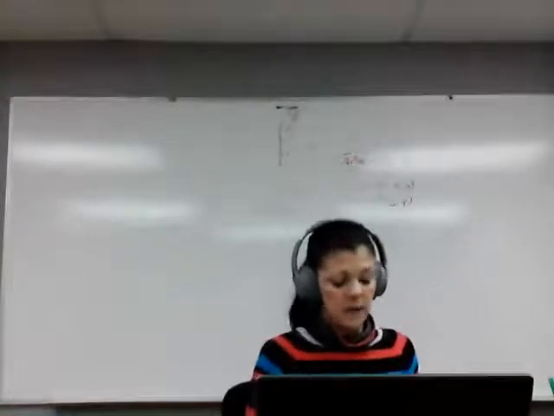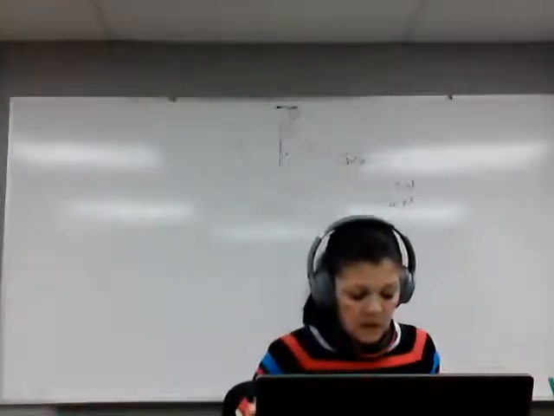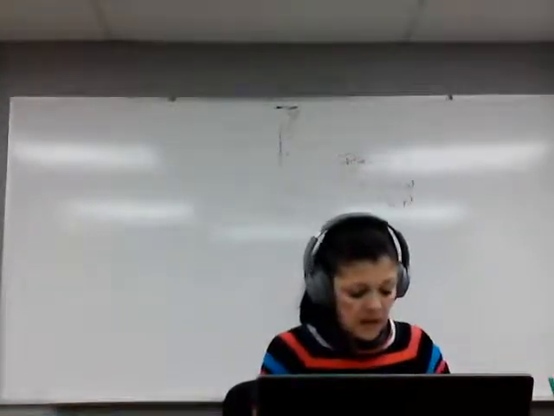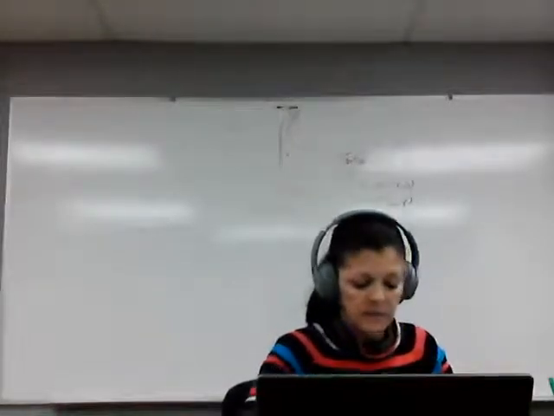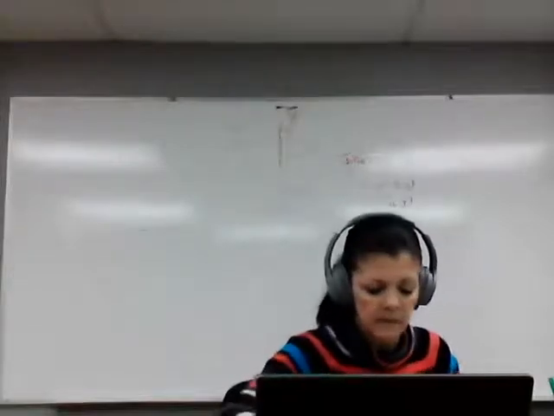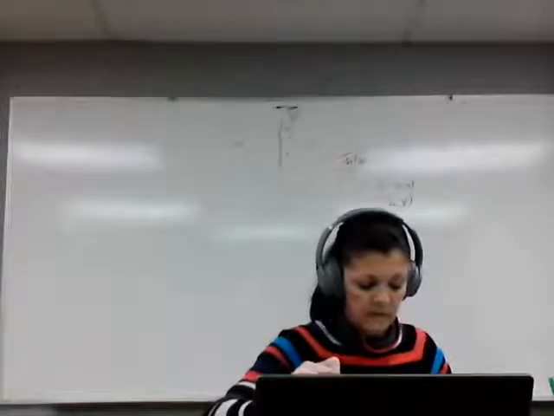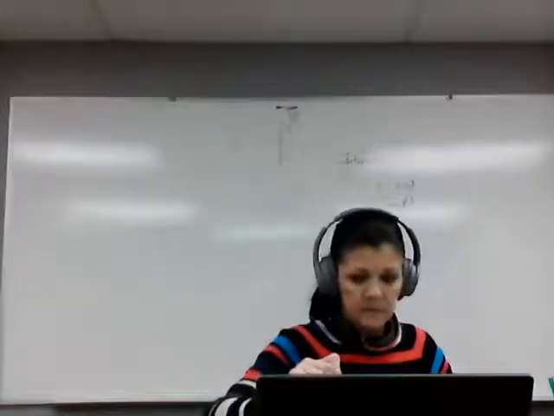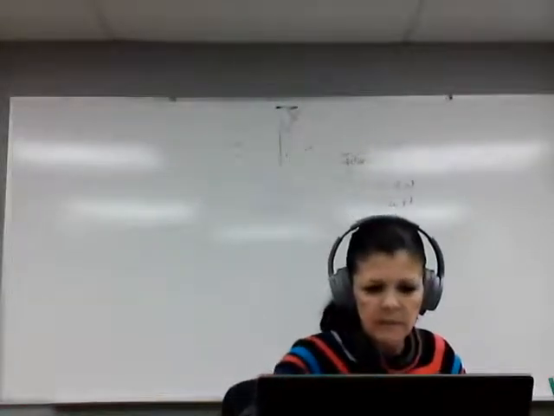All right, so we're going to get, what is our side? 4. So it's going to be 2 times 4 squared times what? Times the square root of, what's in the formula? Square root of what?